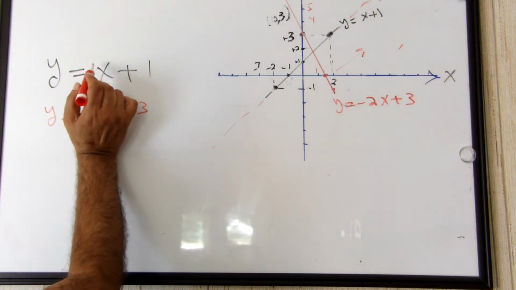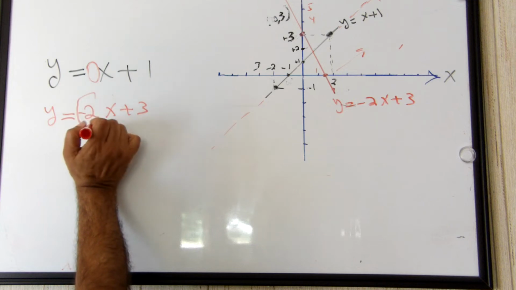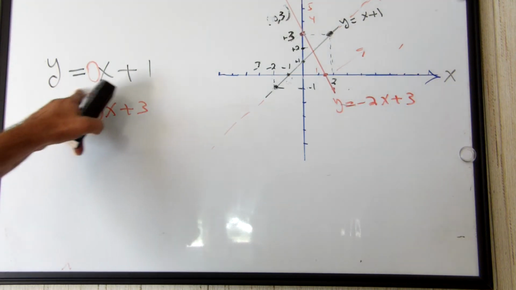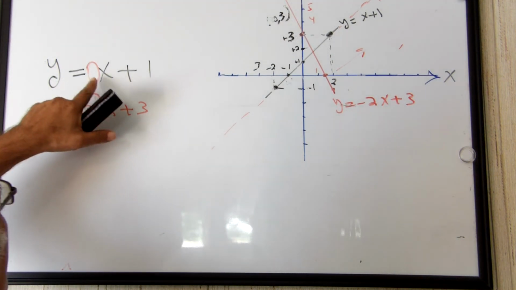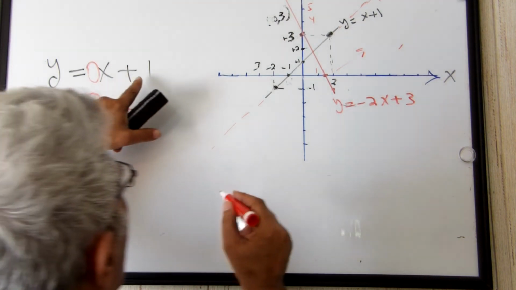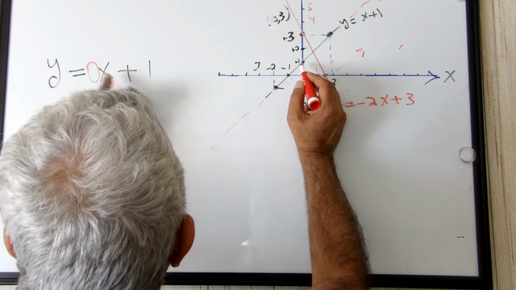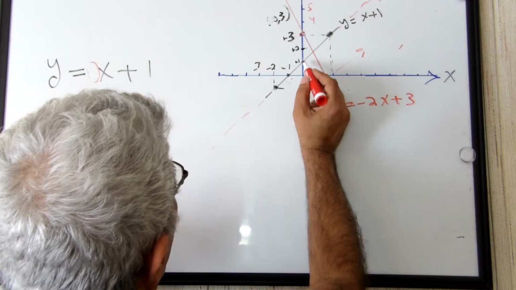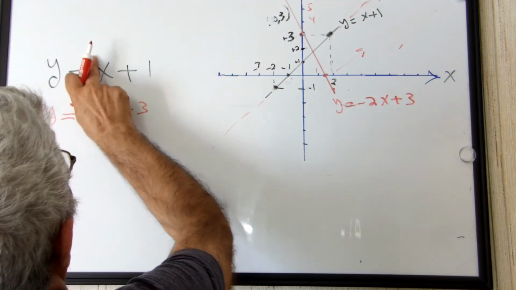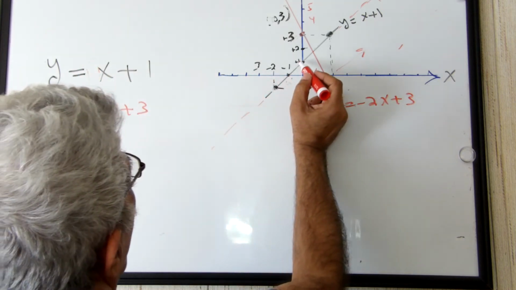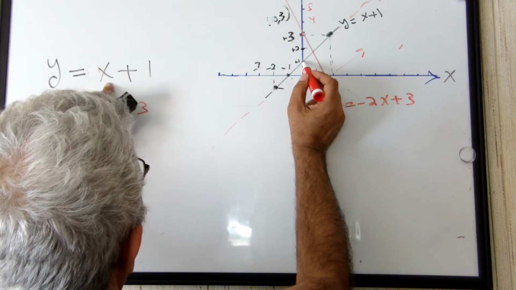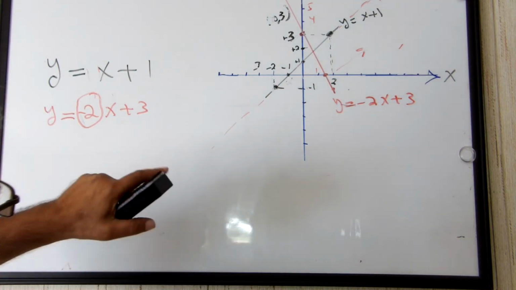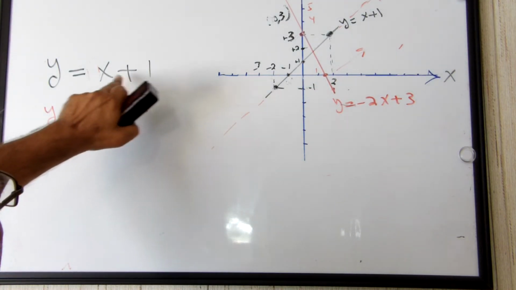As we said earlier, if you write it in slope-intercept form, you have the slope and you have the intercept, like x plus 1. The 1 here shows that if x is 0, y is going to be 1. So it shows the value of y when x is 0.